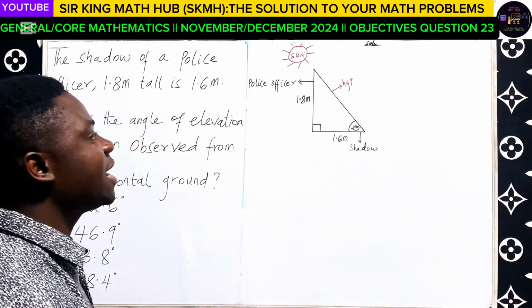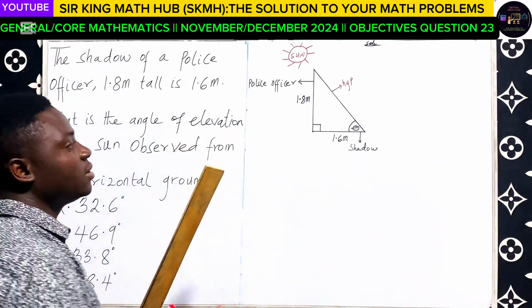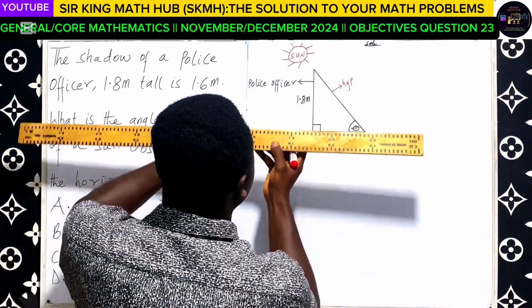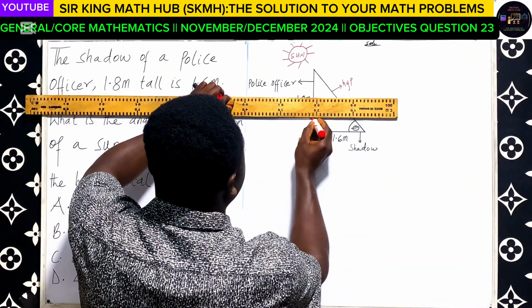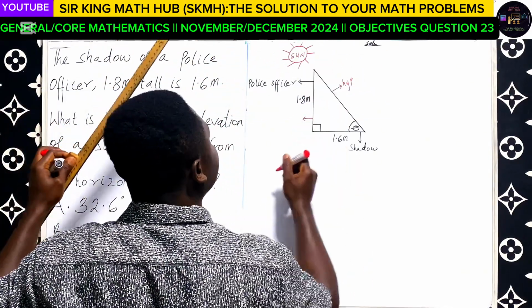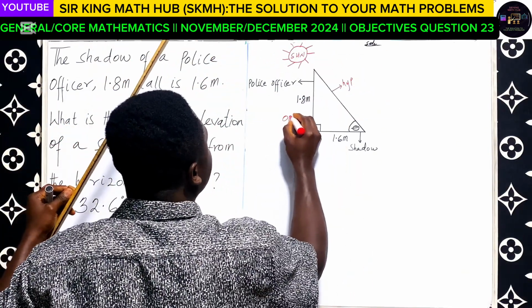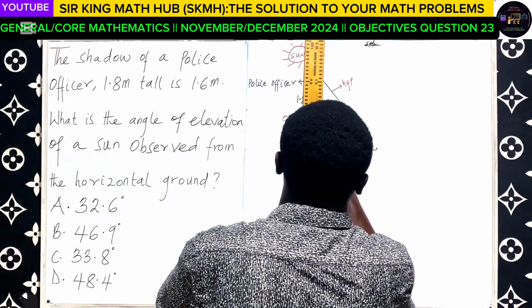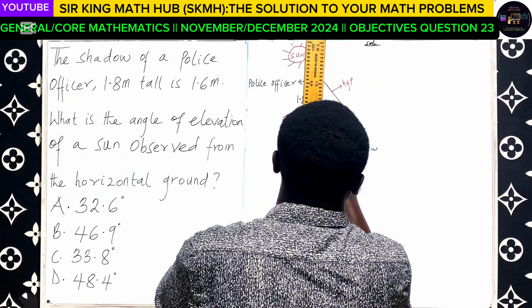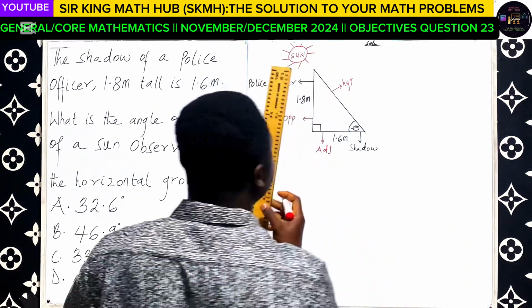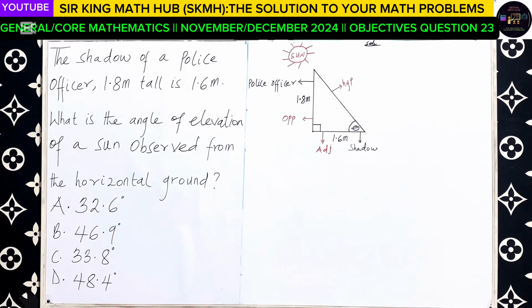The side facing the acute angle, in this case the side facing theta, becomes the opposite. This height here is the opposite. Then obviously the remaining side becomes the adjacent.